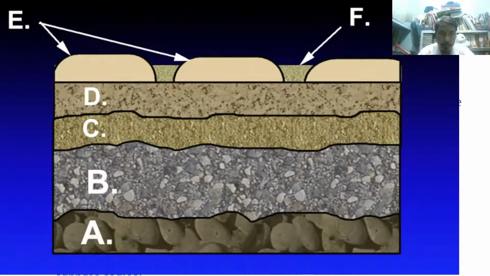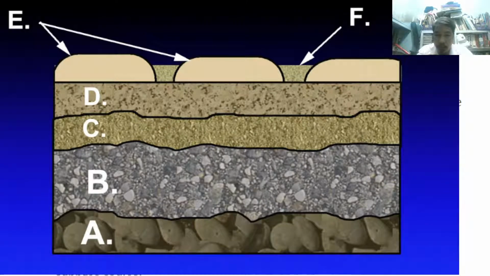So on your screen, we have the layers of subgrade and pavements, up to pavement. As you can see, there are letters A, B, C, D, E, F. Letter A, this is what we call layers of pavement.